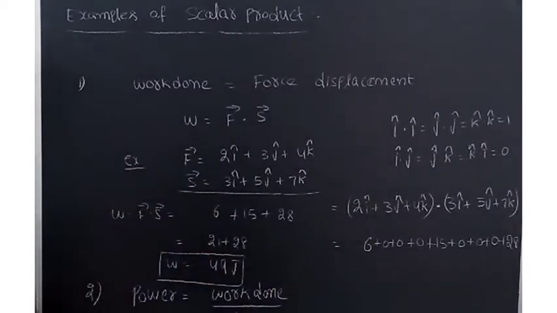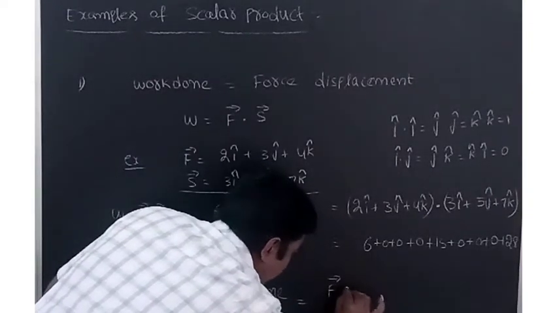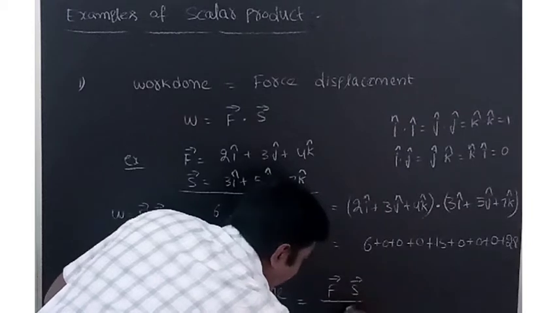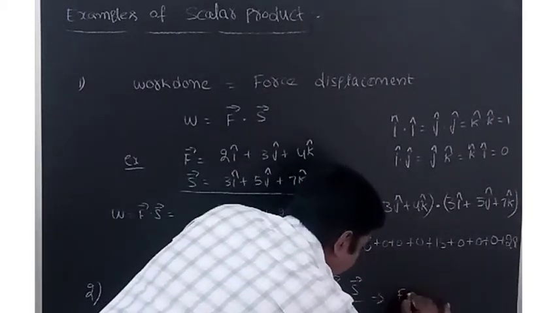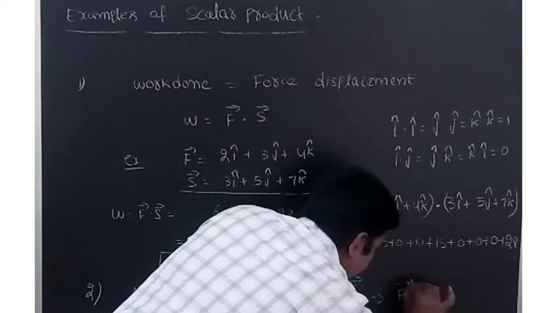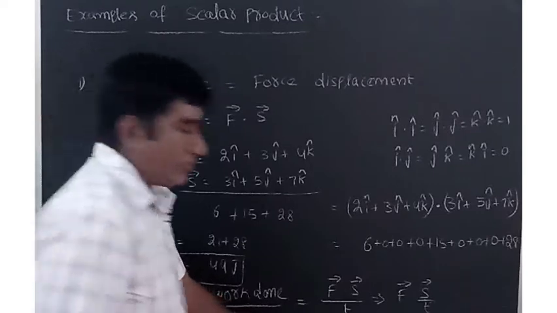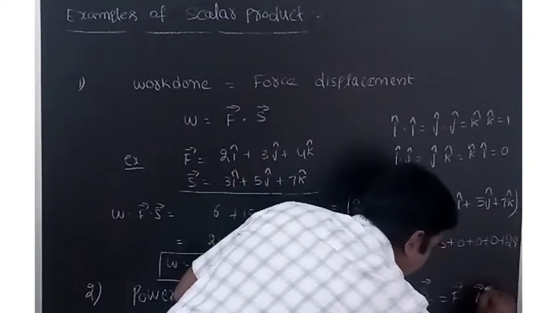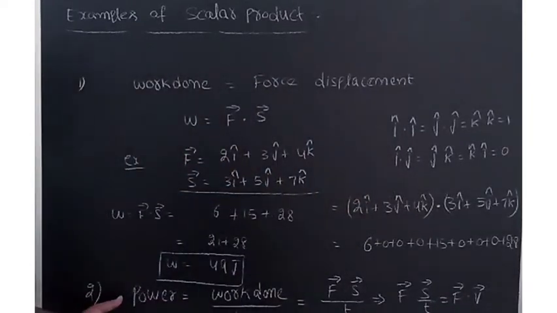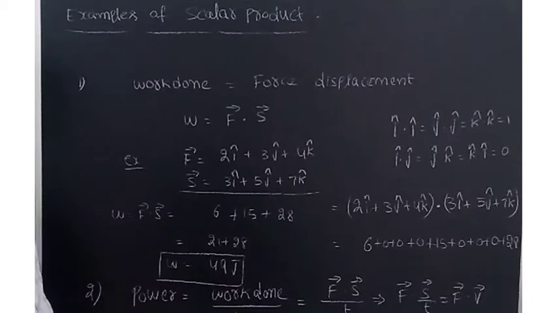Work done is a scalar quantity, and work done is equal to, as we know, F vector dot S vector. So power is F vector dot S vector by T, which you can write as F vector dot S vector by T, displacement by time, which is nothing but velocity. We can write it as F vector dot V vector. So this power is also an example for scalar product.